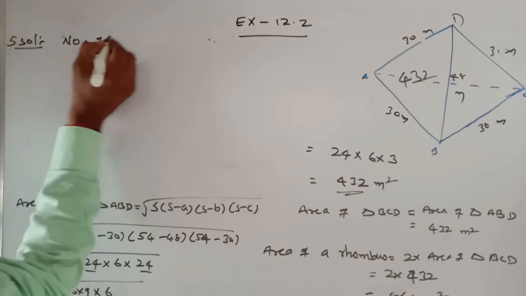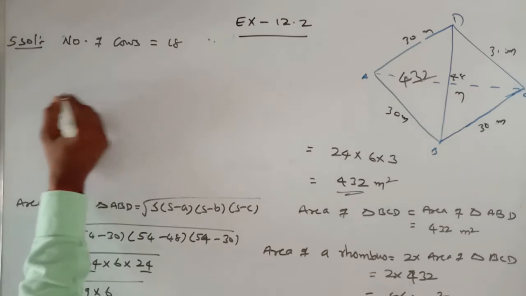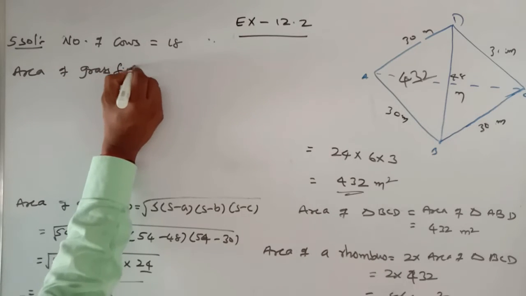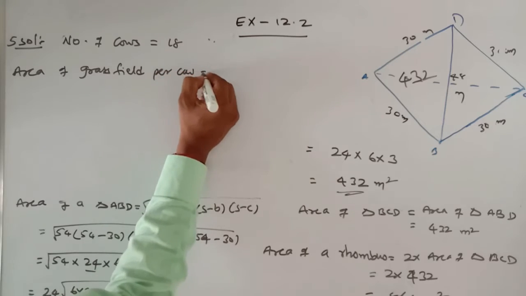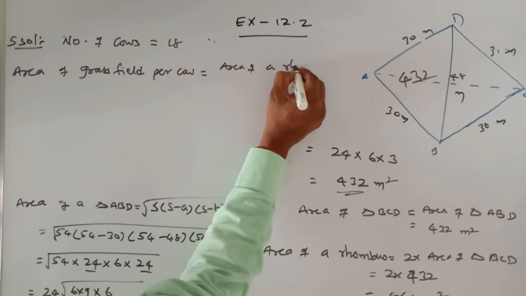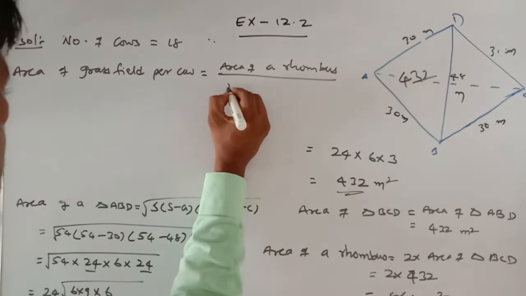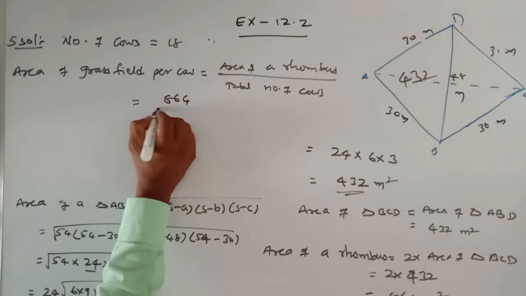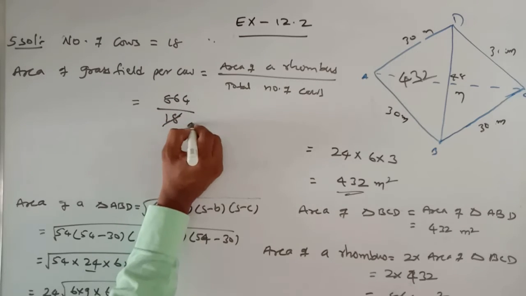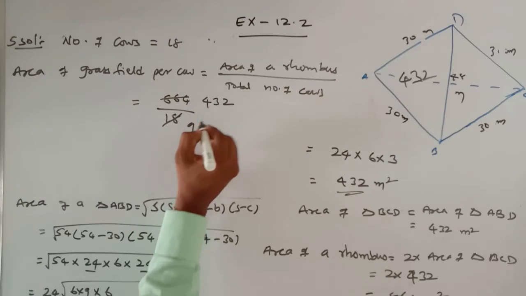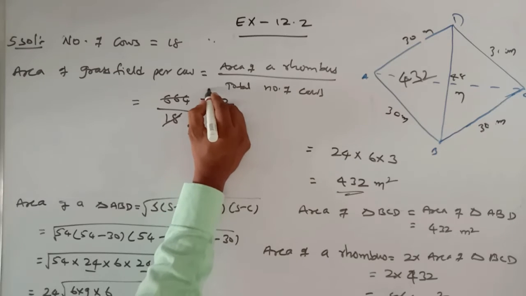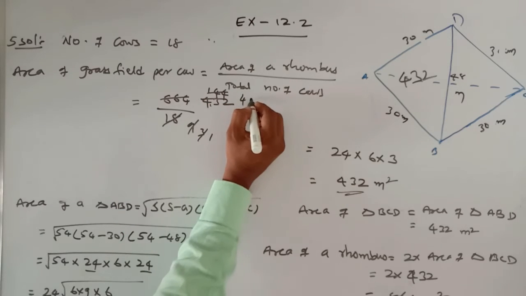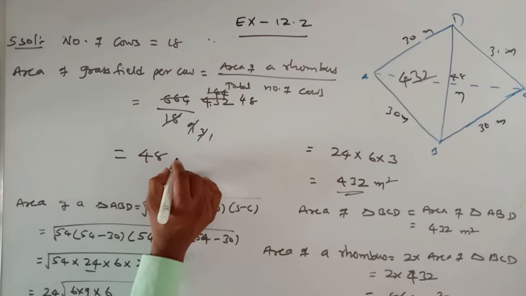Number of cows is equal to 18. Now area of grass field per cow is equal to area of the rhombus divided by the total number of cows. That is equal to 864 by 18. 18 times 4 is 72, 18 times 8 is 144, so we get 48 square meters.